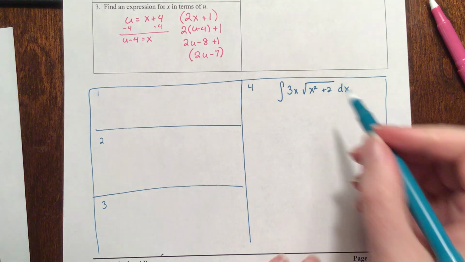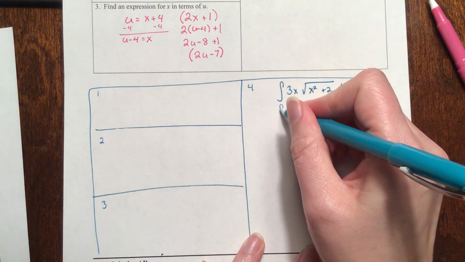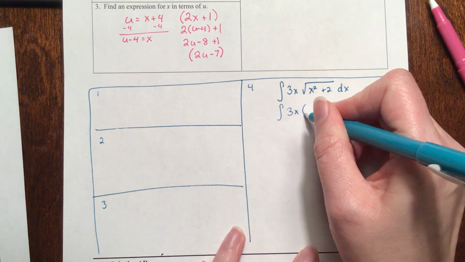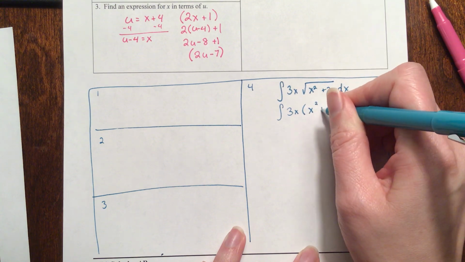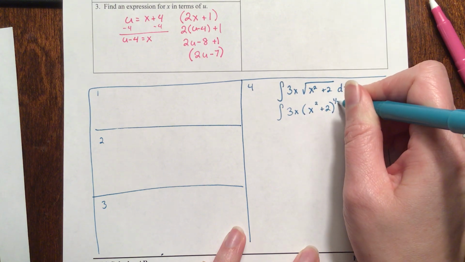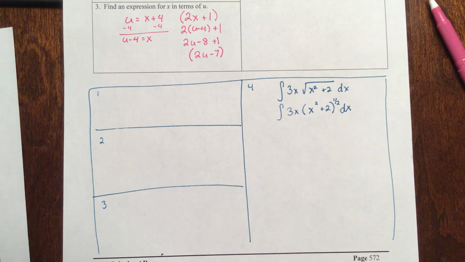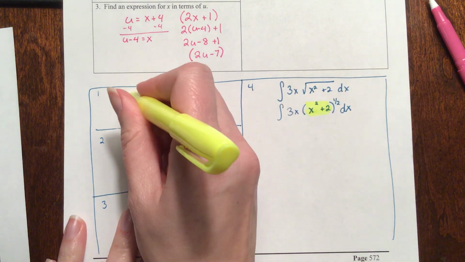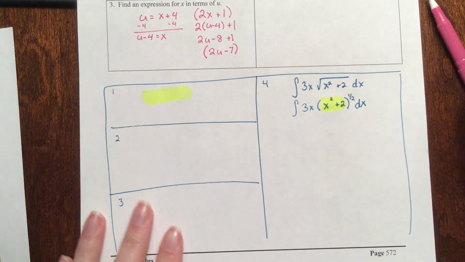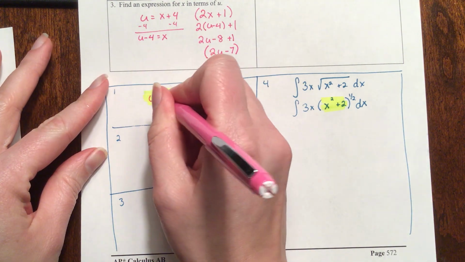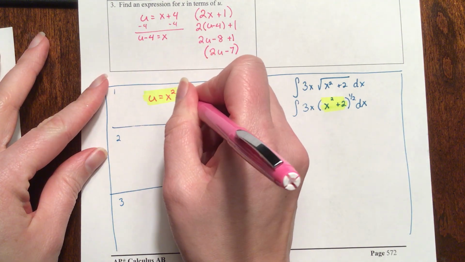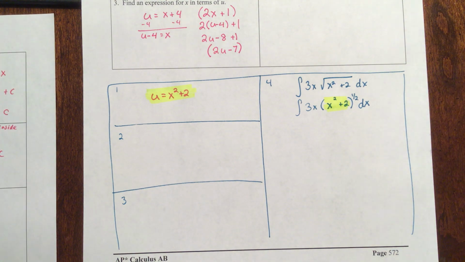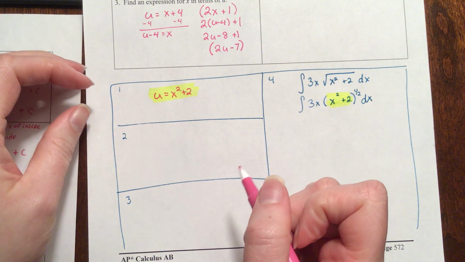Okay. We usually like to rewrite those with 1/2 exponents, and we will do that. Cool. So u is going to be this inside function, which is x squared plus 2. I also want to show you that easier way of writing your derivatives, like the du and the dx.